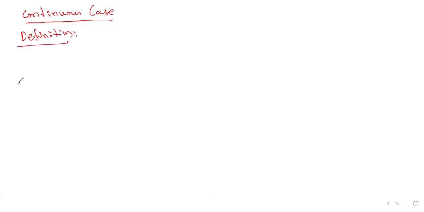Continuous case definition. So now we'll see what the definition tells.